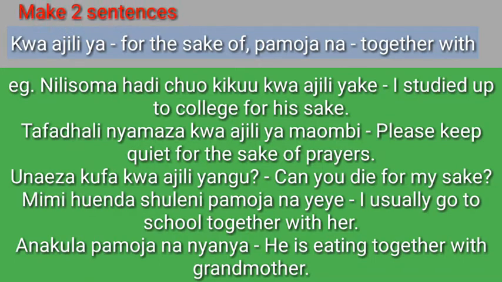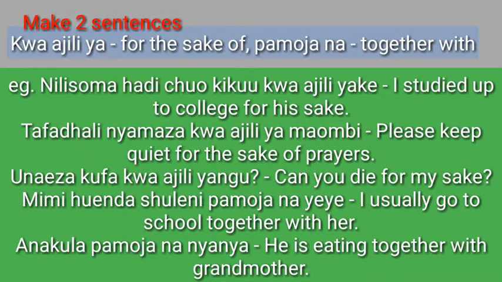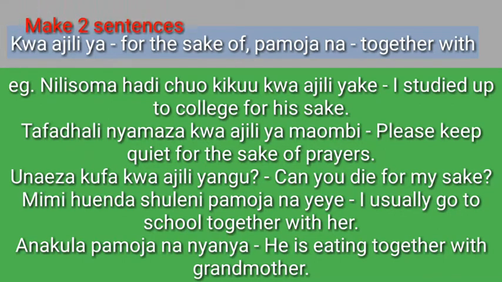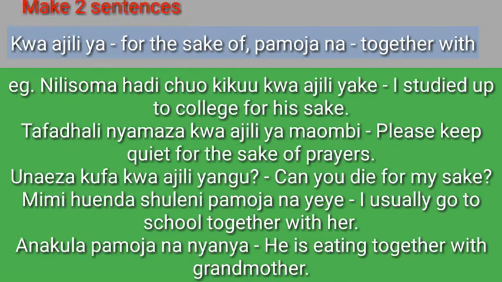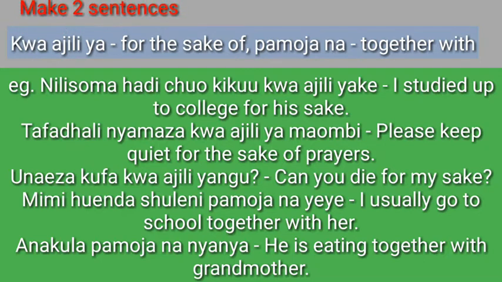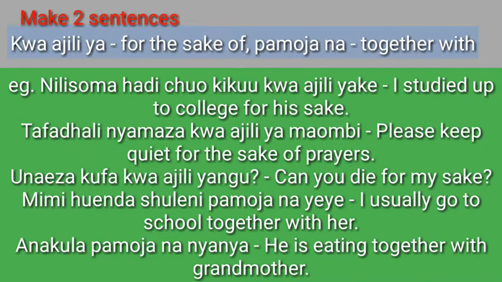Mimi huenda shuleni pamoja na yeye. I usually go to school together with her. Anakula pamoja na nyanya. He is eating together with grandmother. Remember, we said the prepositions which end with na use the personal pronouns.